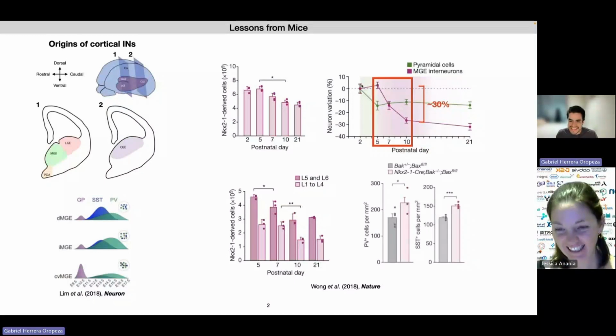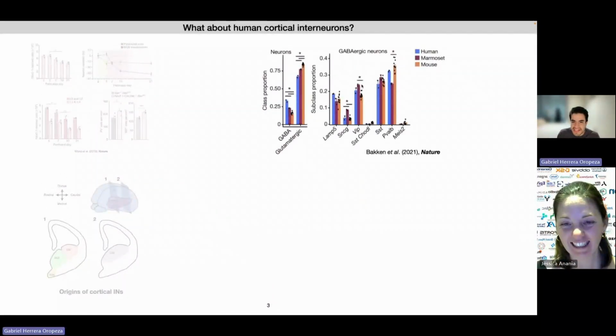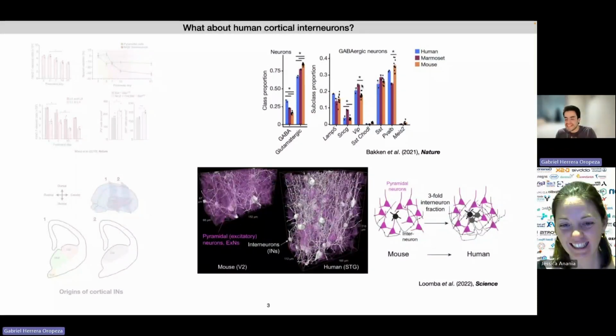Interestingly, in humans, we know that there's three times more the proportion of interneurons than in mice. So what would this mean? Would this mean that maybe there's no cell death of interneurons, that all the interneurons that are born in humans are kept during the entire life? Or what's going on here?